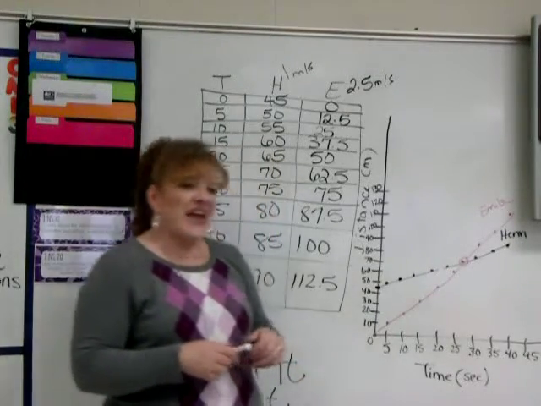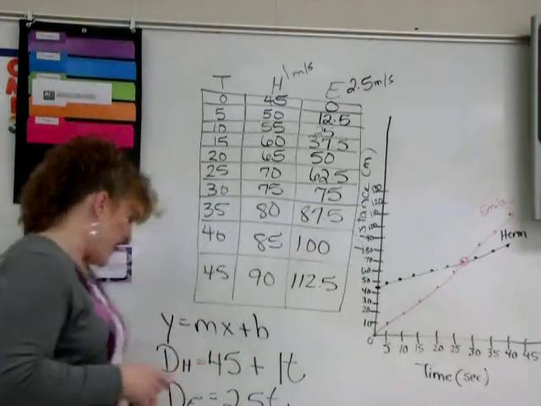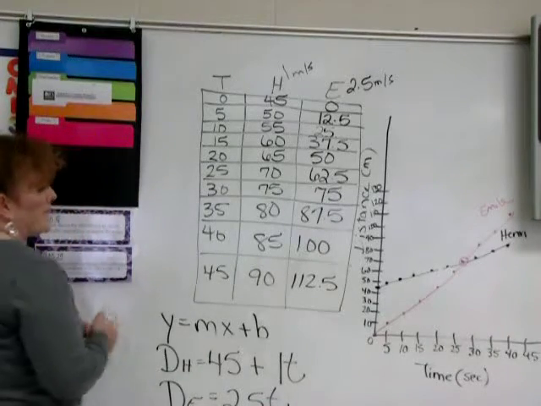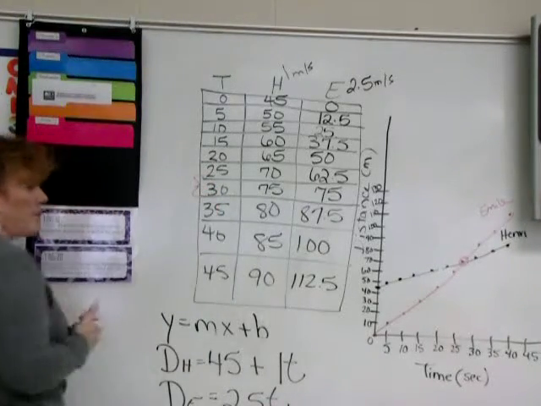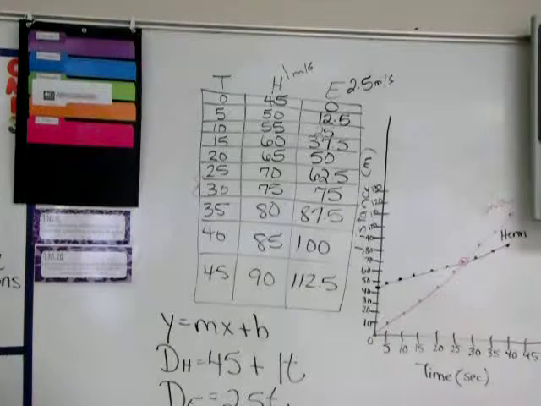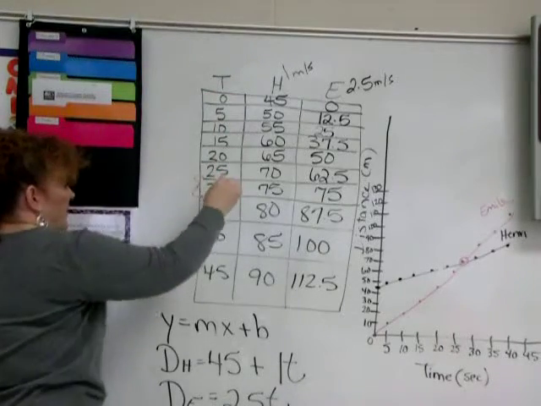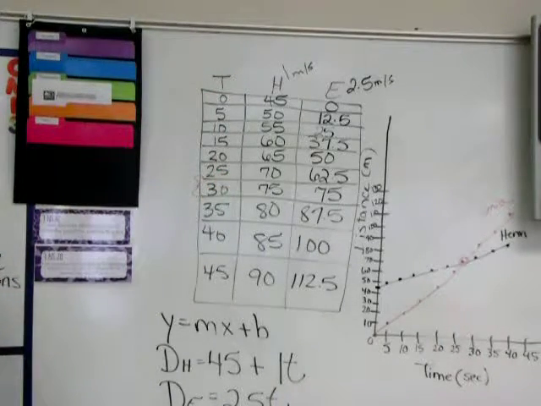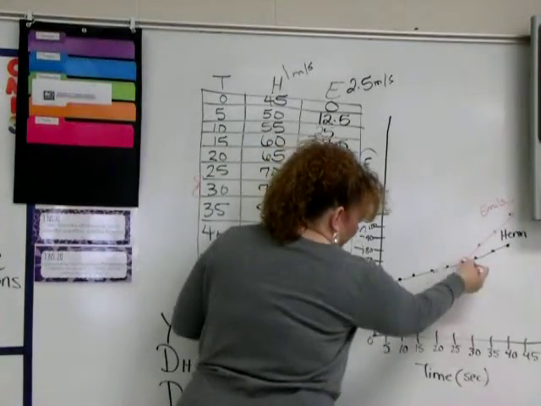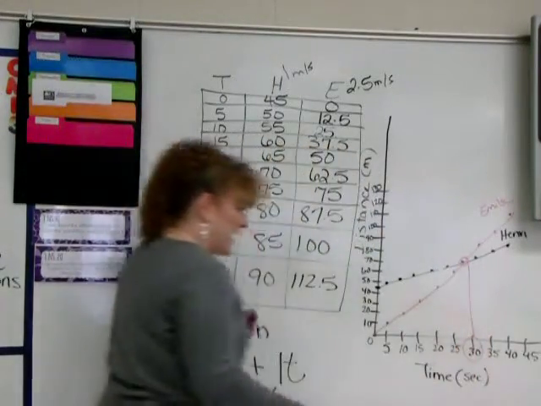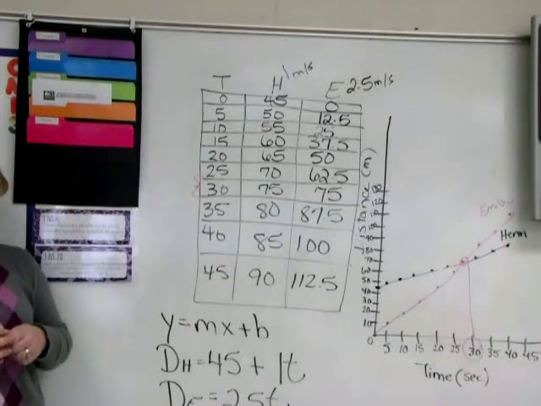That means it's going to take how many seconds for him to catch up to him? Time, 30. It takes 30 seconds for him to catch up to him. So we know that the race has to be at least 30 seconds long.